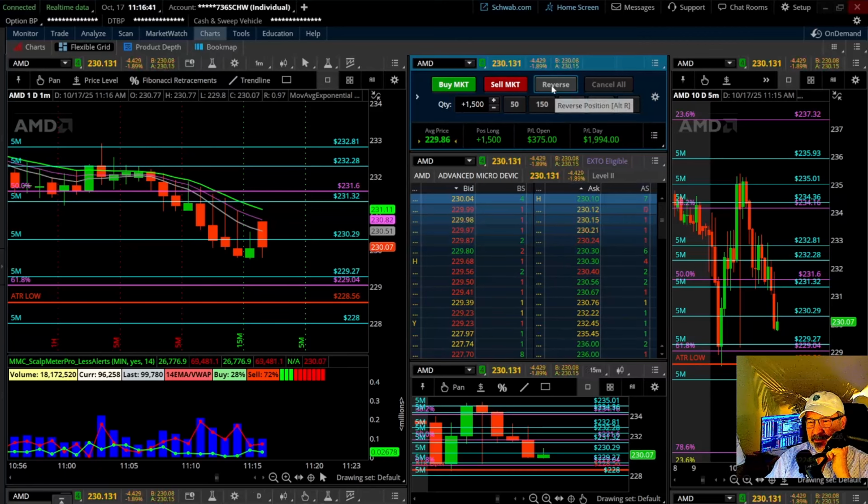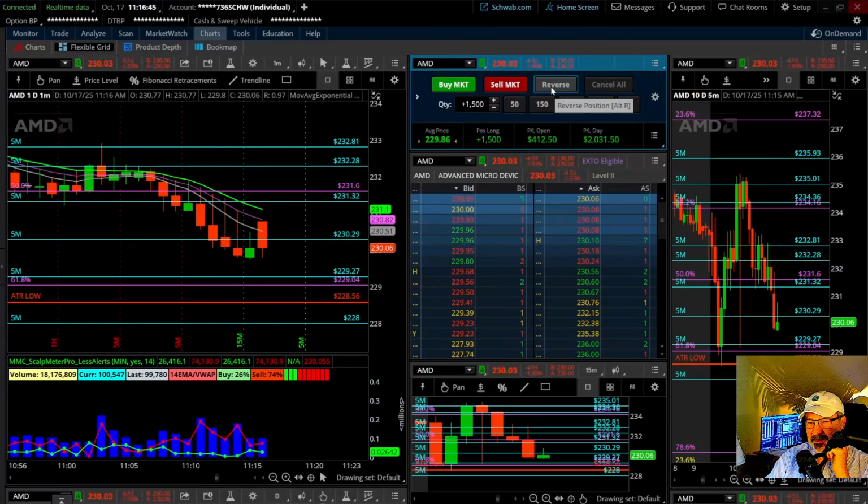Just waiting it out for a little bit bigger. This isn't a big enough move here. But it seems like it's stopping at that 230 pretty consistently in that area.